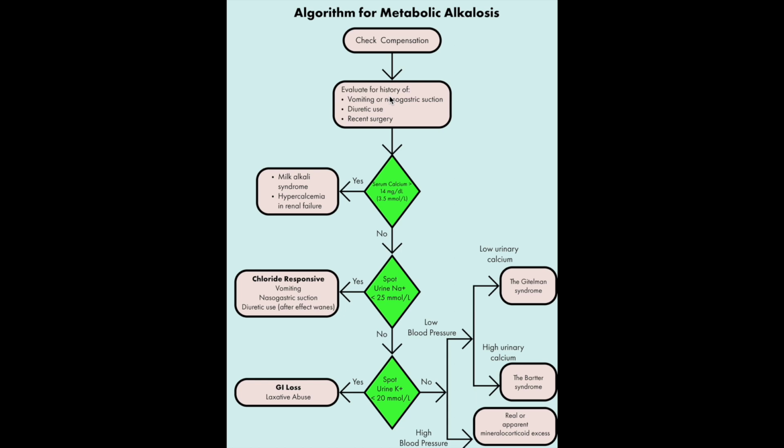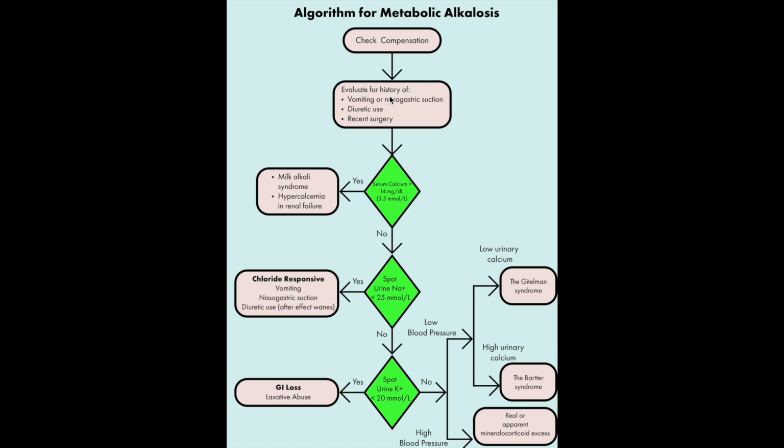If you do not find a calcium increase, check the spot sodium. If the spot sodium is less, then it will be chloride responsive, and it will probably be because of the chloride depletion. And if my spot sodium is not less than 25, then I will look for the spot potassium.